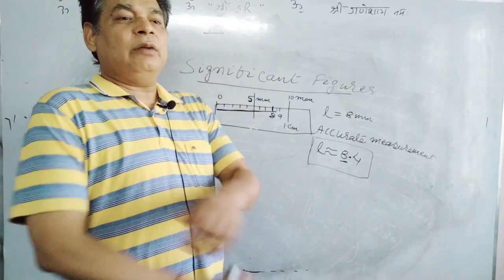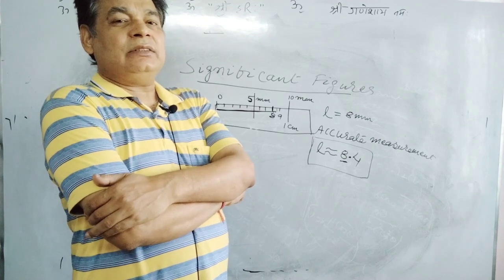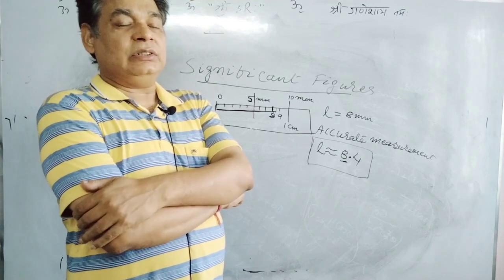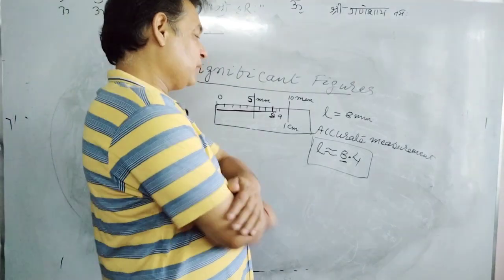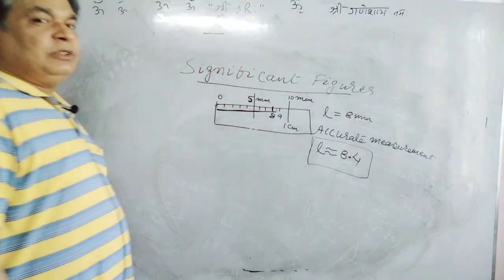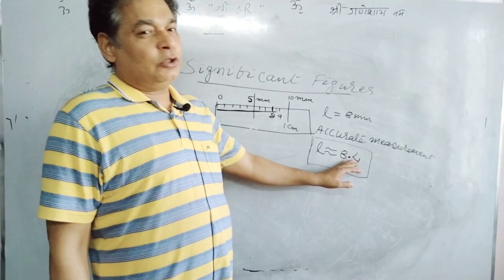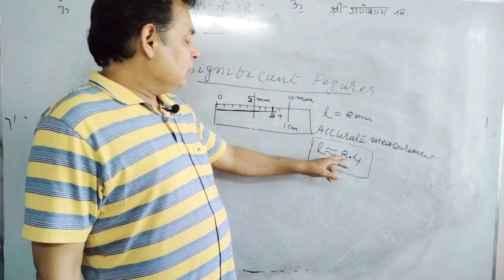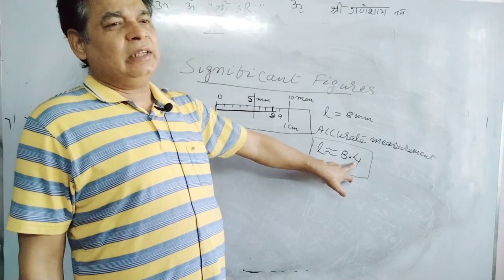The greater number of significant digits implies the greater accuracy in the measurement. So what's the definition of significant figure? If you write down only 8, that's not more accurate. If you write down this 9, that's not accurate. But you have to guess this number, and that is accurate.